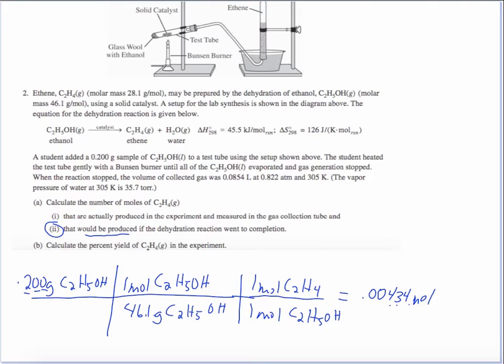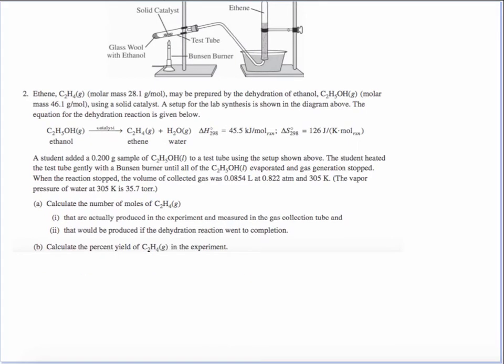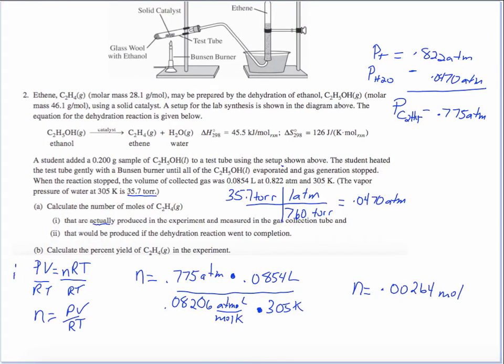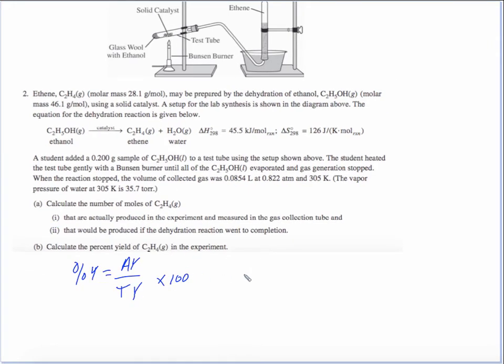Okay, calculate the percent yield. Let's go to a different page to do that. To calculate a percent yield, you've got to know that percent yield is equal to the actual yield, how much you would actually get, divided by the theoretical yield, times 100. So we have to go back to the first problem. That's going to be the actual yield, 0.00264, which is what we got.